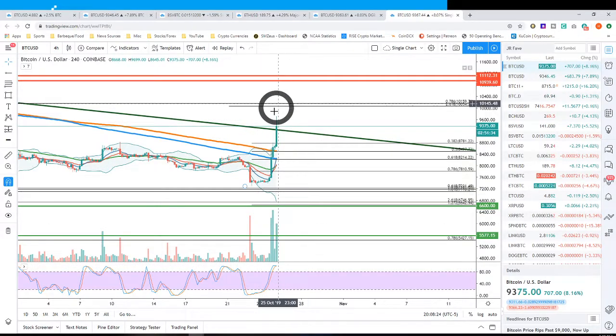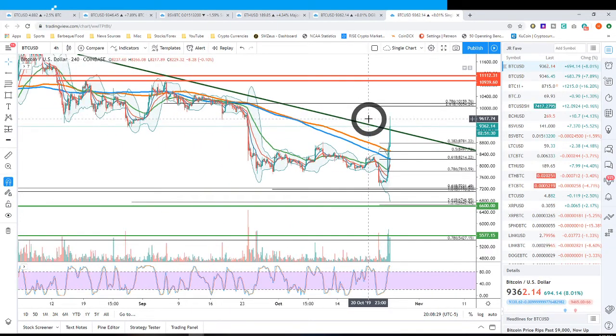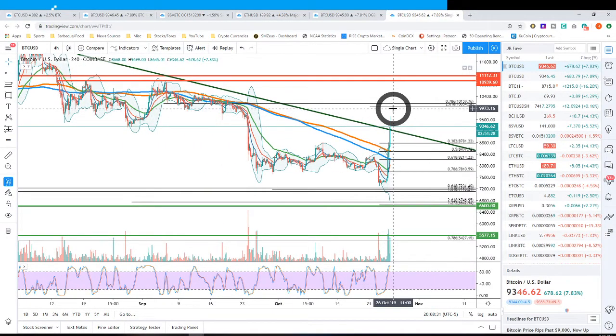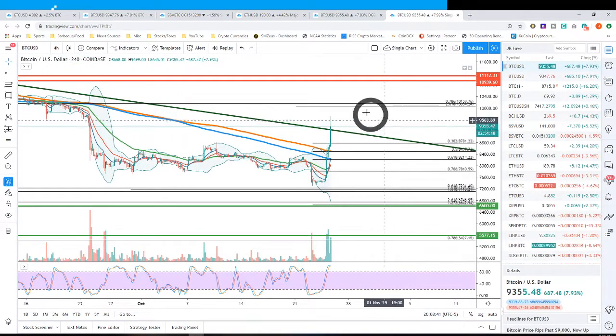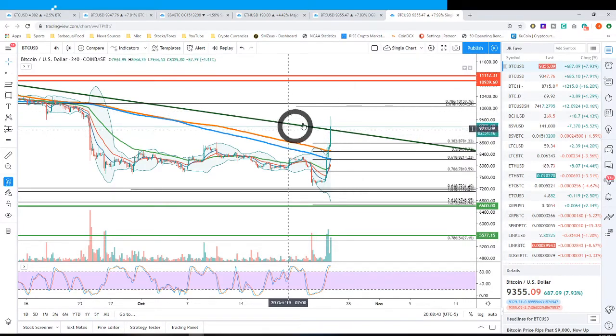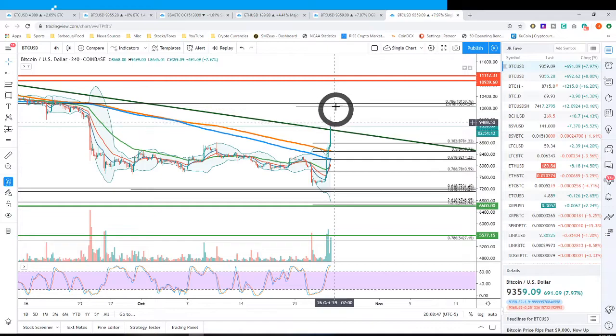So don't FOMO into this. Just don't. I mean, this could still go to 10,000, right? Could go to 10,000, but I'm just saying, err on the side of caution. Because at some point, nothing goes straight up. It's going to pull back at some point, and that's where you want to evaluate things.